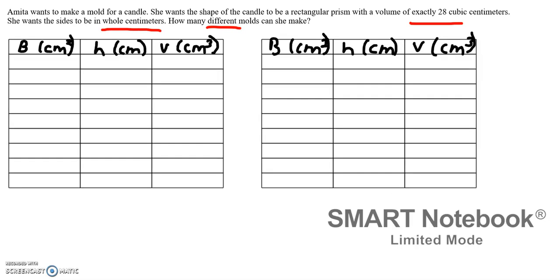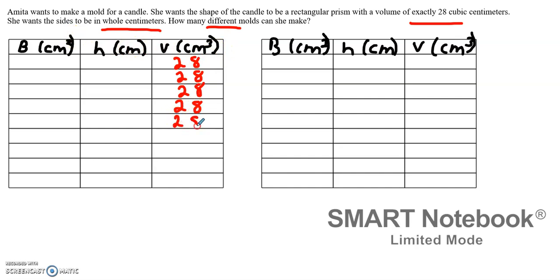Now I built my tables here, and I labeled the top ones with a capital B for the area of my base, the H for my height, and the V for my volume, because I want to make sure that they equal 28. Each one of them needs to equal 28. You'll also notice that in my table's heading I used centimeters squared, centimeters, and centimeters cubed.